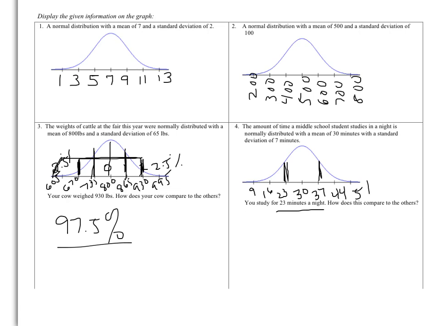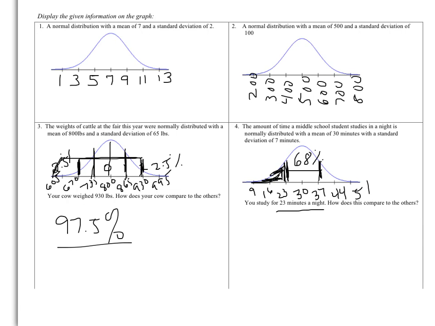The other thing you can think about is the percentage values that we've got here, right? So you know that from 1 standard deviation below and 1 standard deviation above, what percent is that? It is 68. Don't forget the 68, 95, 99.7% of the data. Now I need to think about this part of the curve right here.